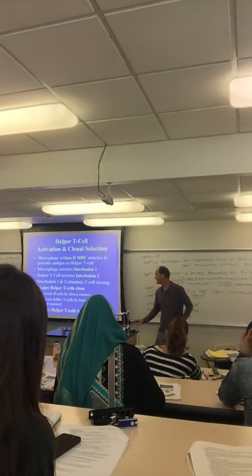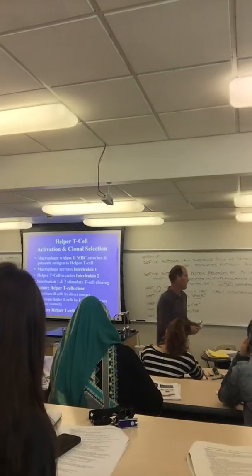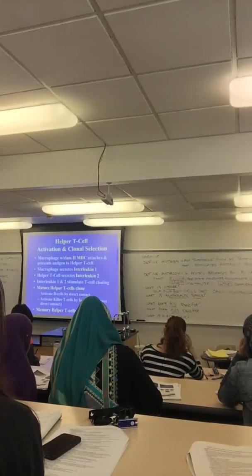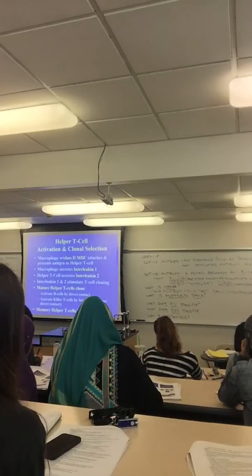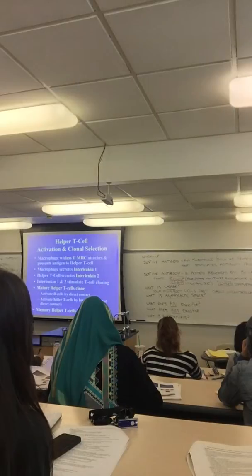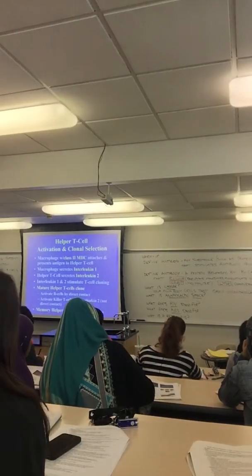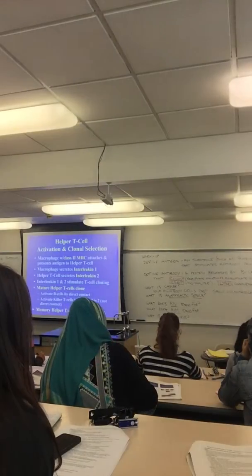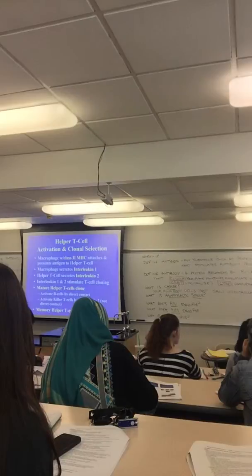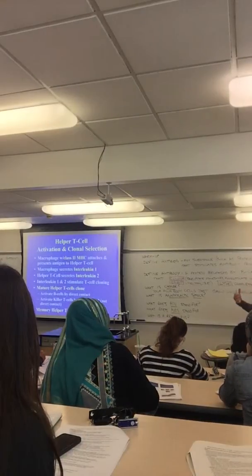So the active ones are mature helper T cells. I'll just say active helpers. That's it. Yeah, active helper T's. What are active helper T's also called? They expand and they secrete the antibodies.